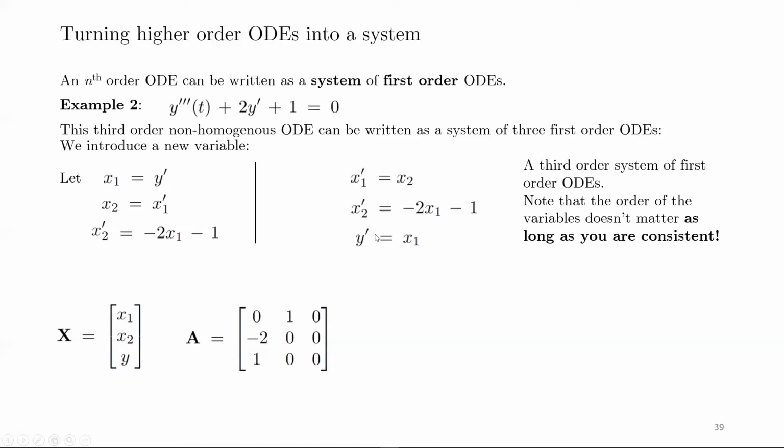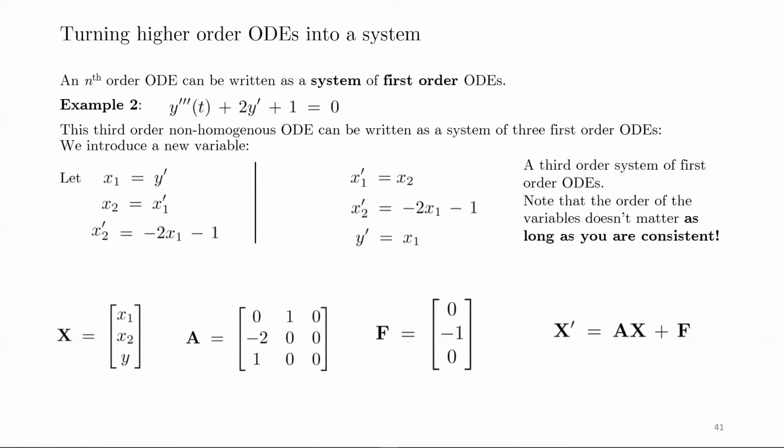And of course, I have this non-homogeneous term here. There are no non-homogeneous terms in the first or third equations, but I have a non-homogeneous term in the second equation, so I can write my non-homogeneous vector as 0, negative 1, 0. And therefore, I can write my third order non-homogeneous ODE, single ODE, as a system of 3 first order ODEs.